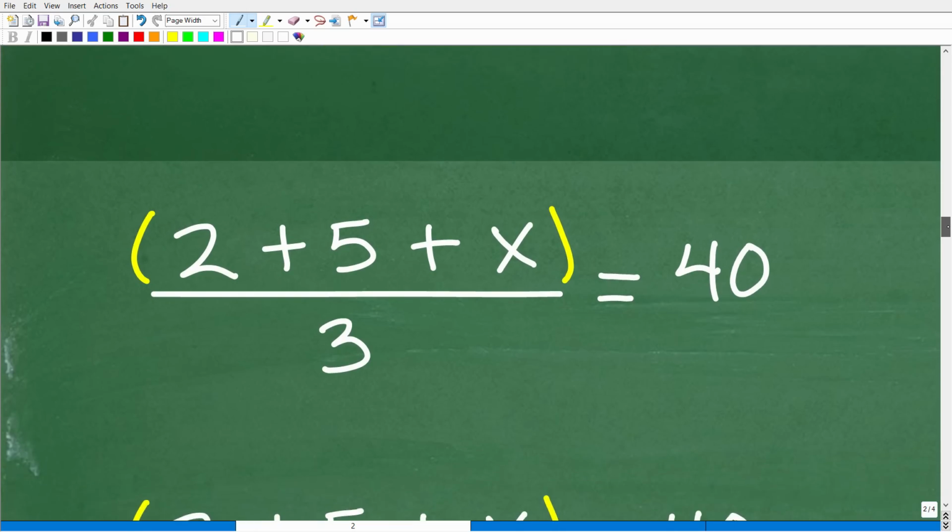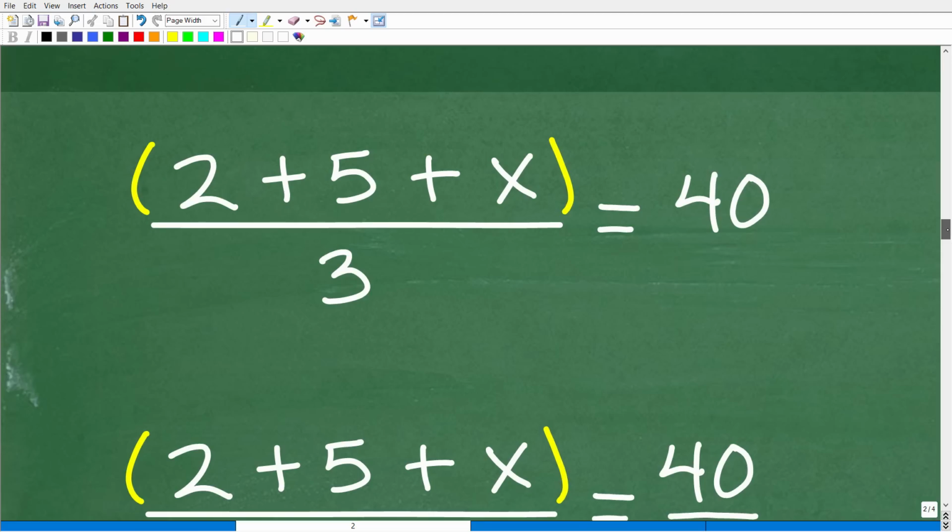Now, the first thing I want to emphasize here is that in algebra, in mathematics, when you have a sum or difference, in other words, a bunch of things you're adding up or subtracting, get in the habit of putting parentheses around those sums and differences. That's a great habit.